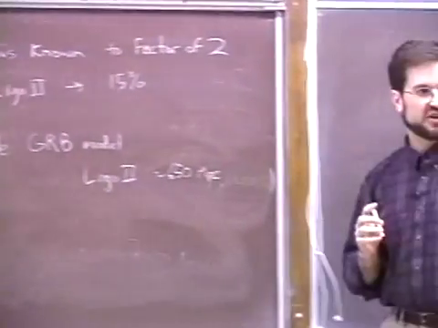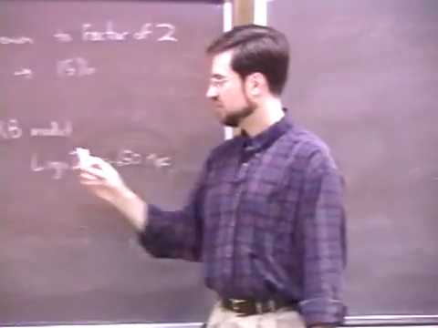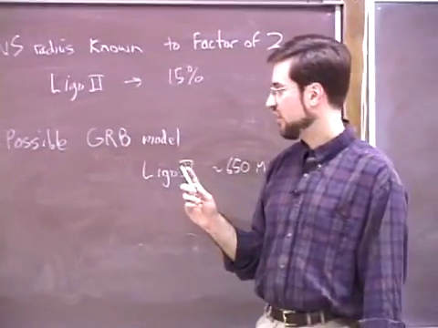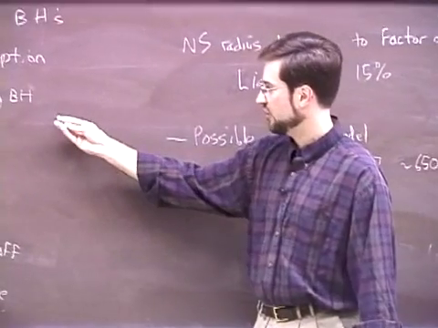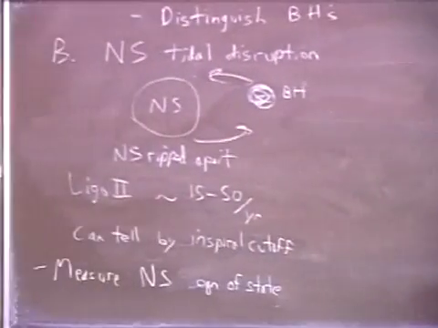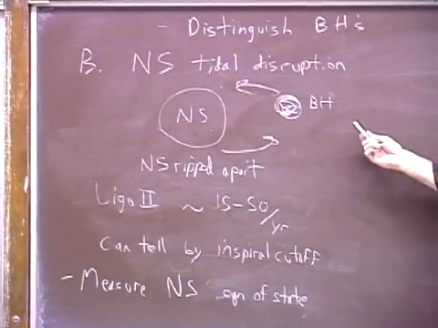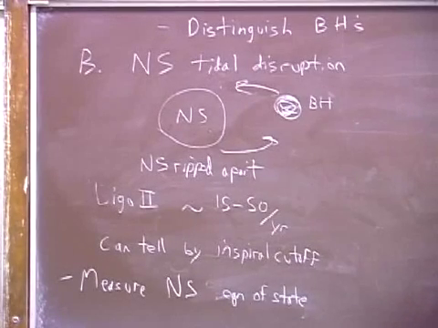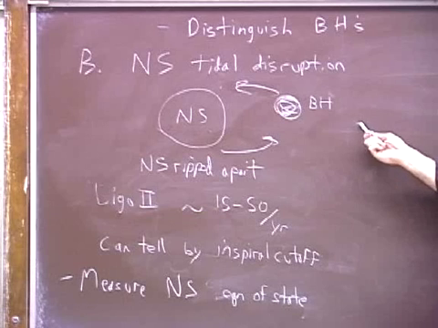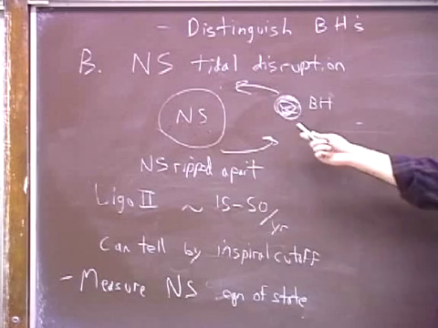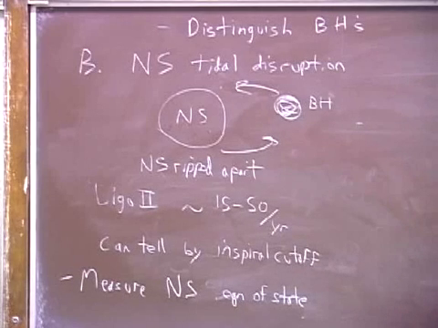Even though you can make reasonable guesses using Newtonian physics, and right now some people here, Michele Vallisneri and Lee Lindblom, are working on such a thing using Newtonian physics, to really get a firm answer you're going to need to include relativity, because after all, both the neutron star and the black hole are relativistic objects.